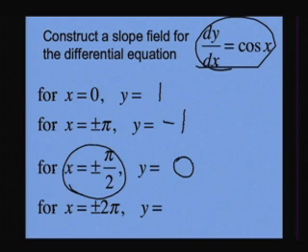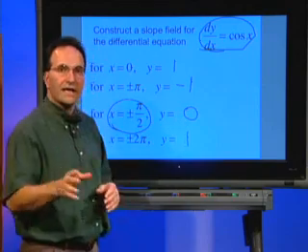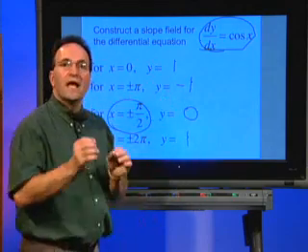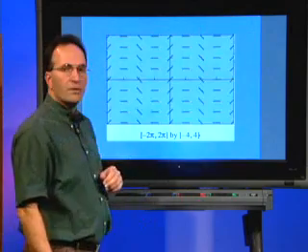And then finally, when we look at x equals plus or minus 2 pi, we come back to the fact that the slope is going to be equal to 1. And so let's take a look at what this slope field looks like when I take each of those and graph it onto the plane.